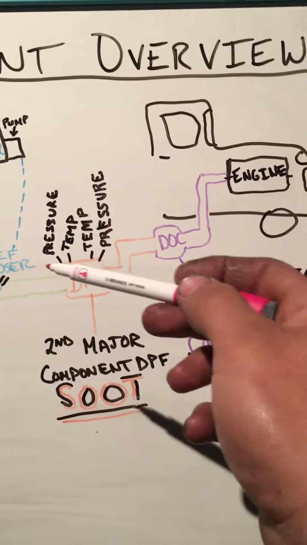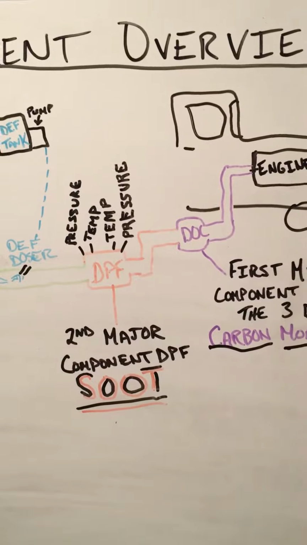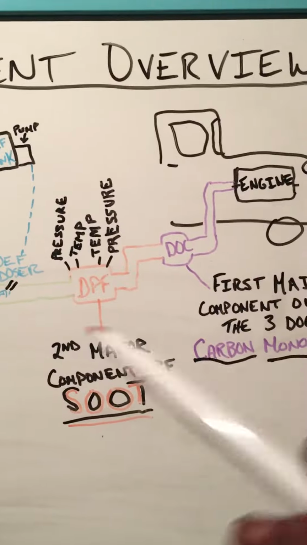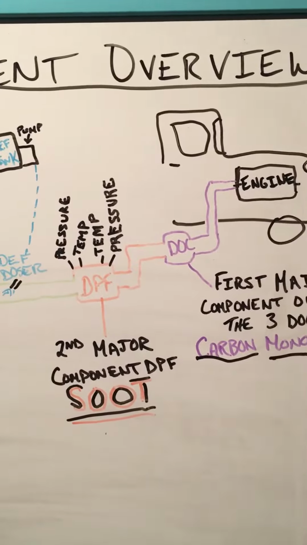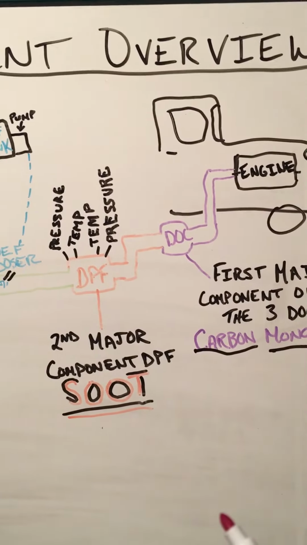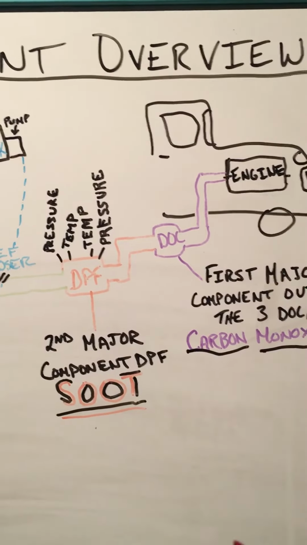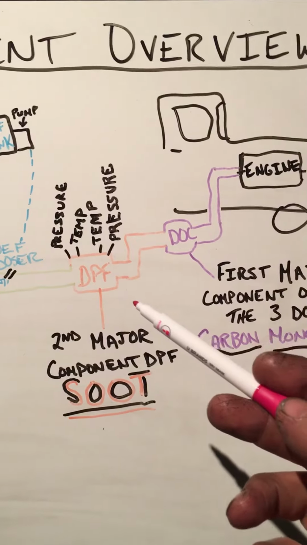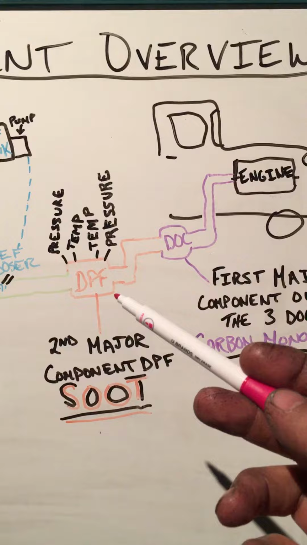But the DPF's main function is to collect soot. So all that black smoke that comes out of your exhaust, you don't want that in the environment. So the DPF is a filter that catches soot. It catches all the soot, stores it up in there, but once it gets too full of soot, the truck needs to do a regeneration.